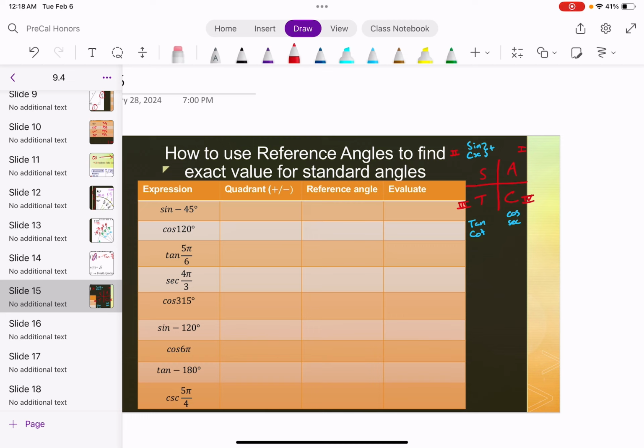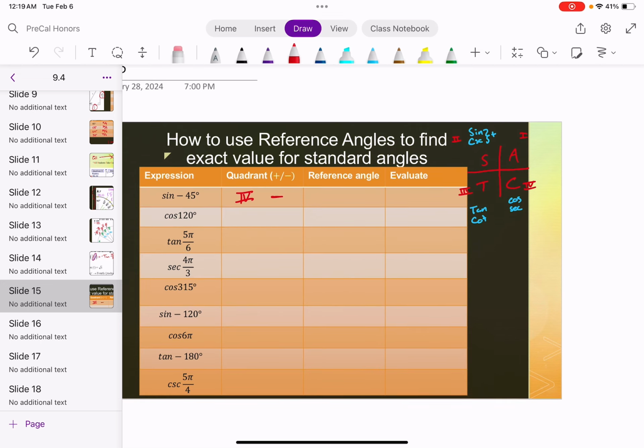First thing would be identifying exactly where this would be. So, understanding the quadrant: if we're looking at sine of minus 45, we would be in quadrant 4. Now, would this be positive or negative? In this case, this would be negative.